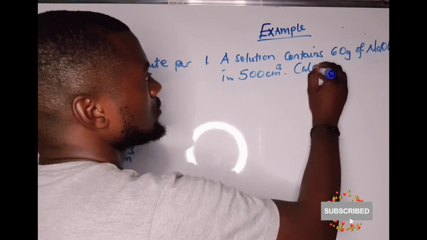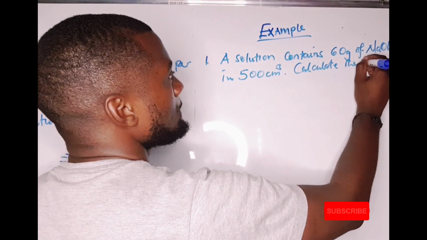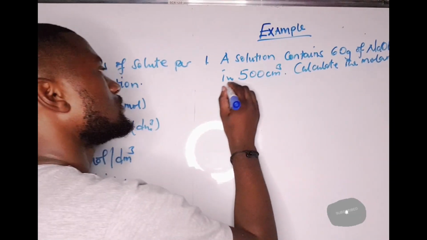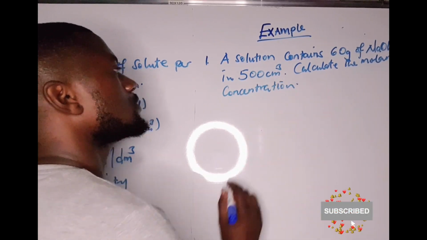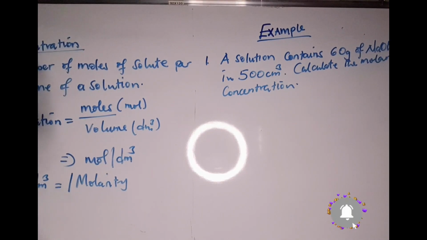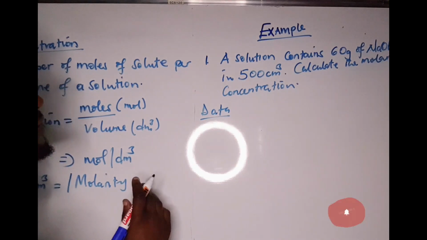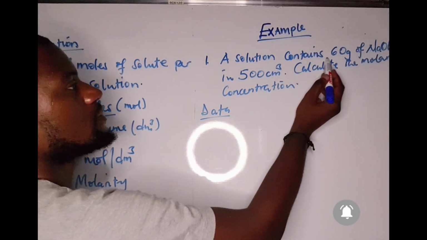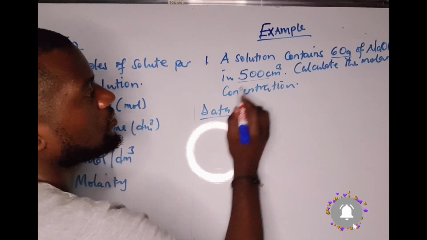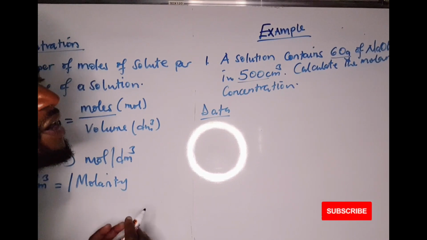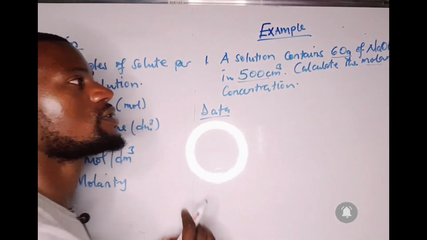Calculate the molar concentration. So we write our data. We have been given mass, which is 60 grams, and volume, which is 500 cubic centimeters. But we are told to calculate the molar concentration.